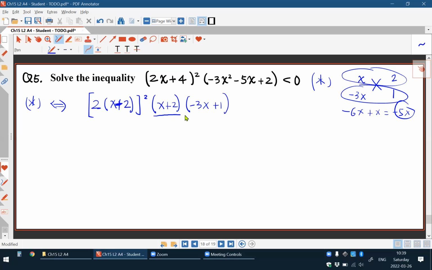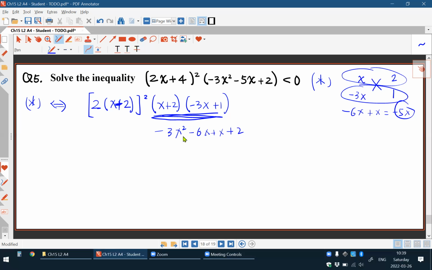And if you're not sure, I strongly suggest you verify the result, because this is just your first step. You need to make sure the very first step is correct. So always remember to verify your factoring by multiplying it back. If you expand everything, you will get -3x squared, -6x plus x plus 2.